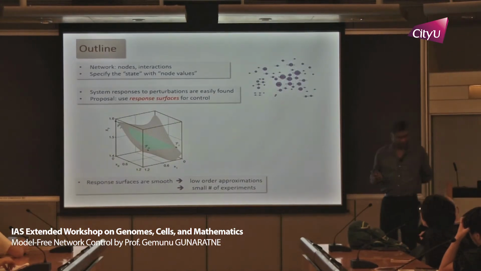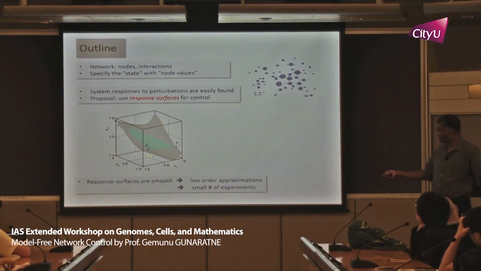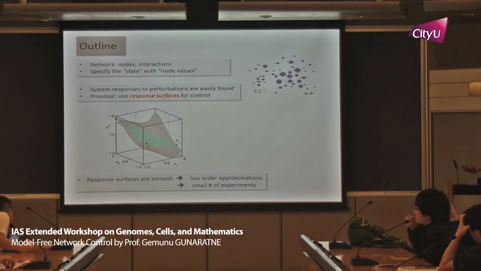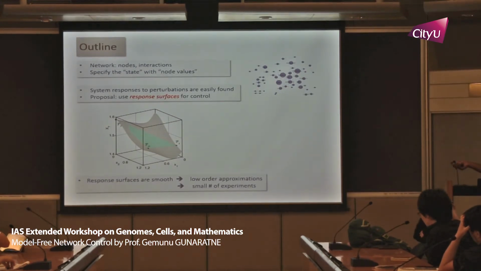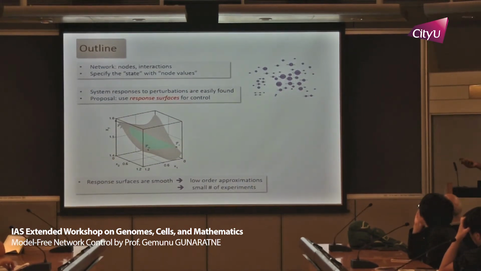One of the things that simplifies the problem somewhat is that these response surfaces are typically smooth surfaces. Not always, but typically. So you can approximate them by planes or lines, and so on.